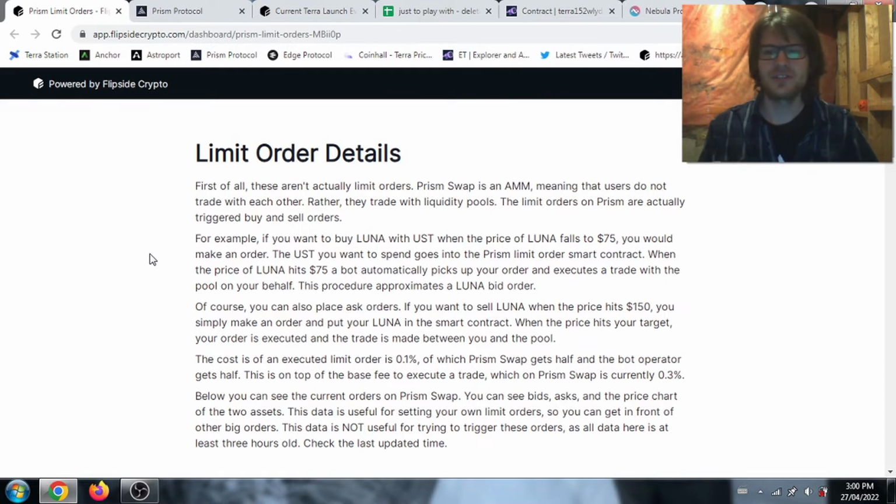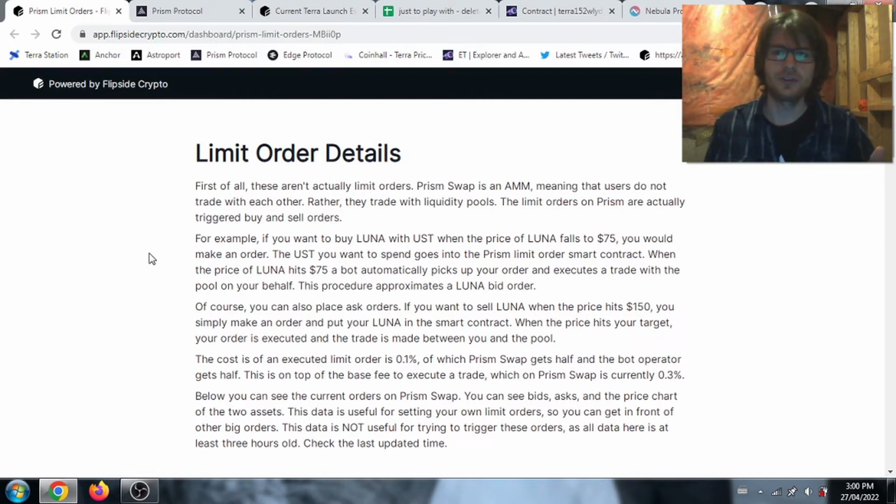So how do limit orders actually work? Well, these are actually triggered buy orders or triggered sell orders. So you can set an order to sell, and then if the price rises and hits your target, a bot will take your funds and sell them on your behalf, and then give you the proceeds. And the opposite if you want to set a bid order to buy. So that's how it happens.